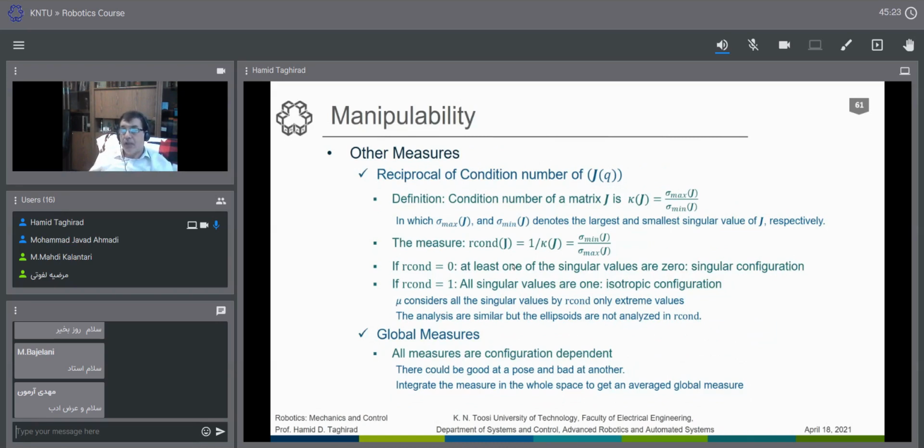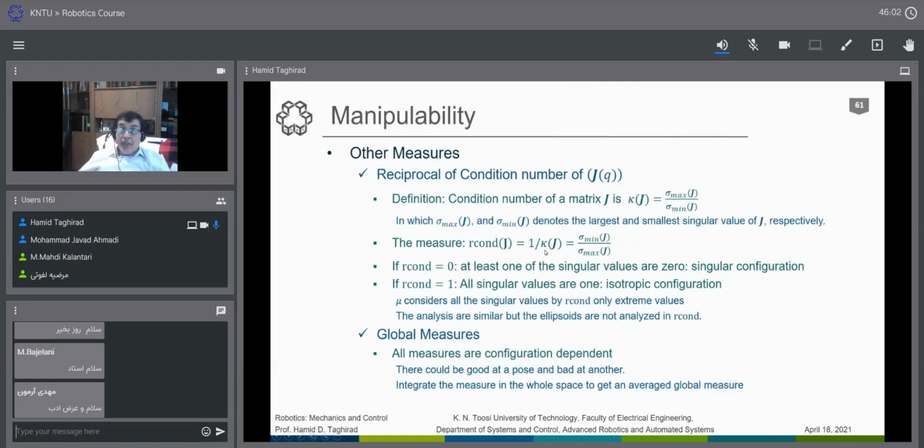We will work on your project, not on the assignment, but on the project. I will ask the TAs to give you some design procedure, how we can find a manipulator, how we can design the length of the manipulator so that we get a better manipulability measure in terms of arcant, in terms of kappa or in terms of mu.